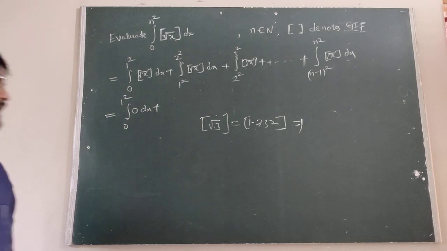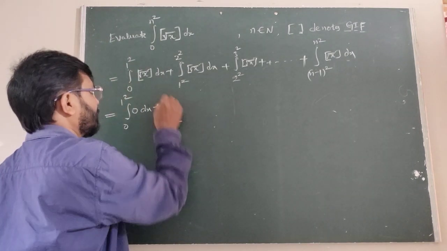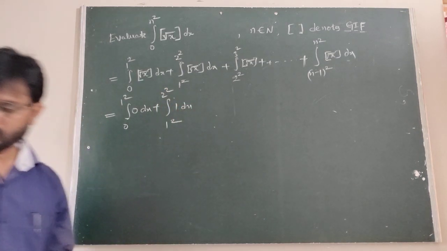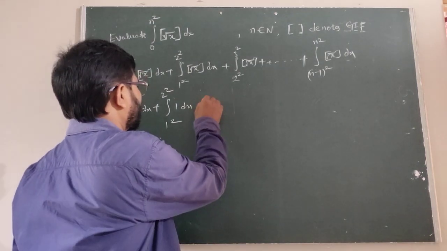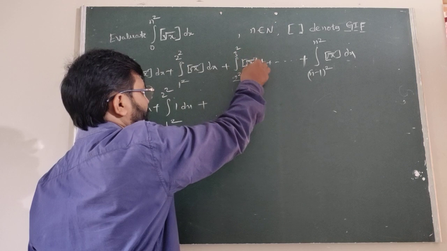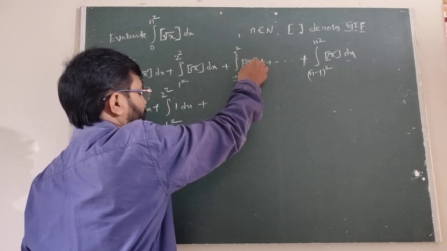Therefore now we can write the integral from 1 square to 2 square of 1 dx. Undoubtedly we got 2, because 3 square under root square cancels.